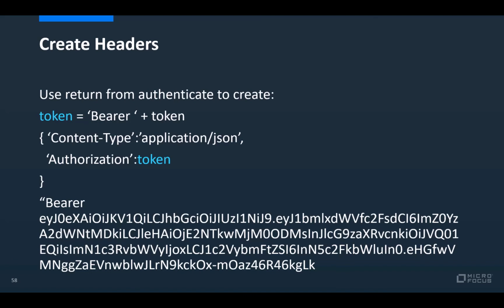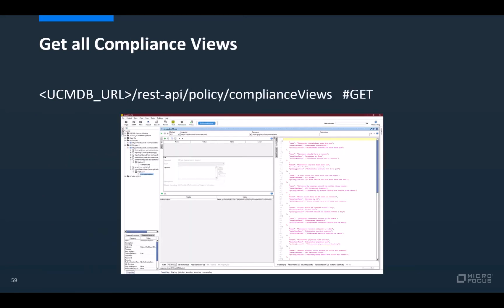So you can see at the bottom there's an example of a valid token. Now, that was only valid on my system for a certain amount of time, but it is the word bearer with a space and then the entire token and then some quotes at the end. Now, I'm going to run my next request. This is a GET request to see the compliance views.